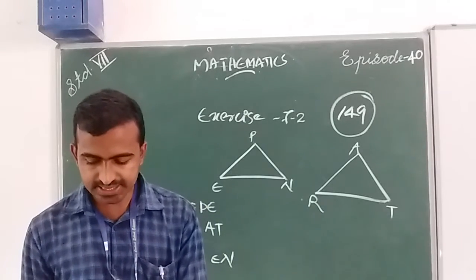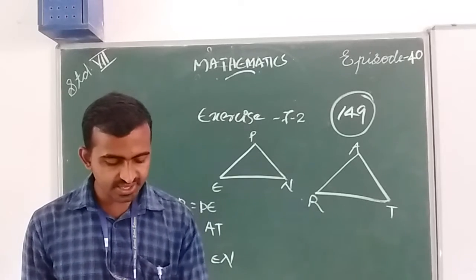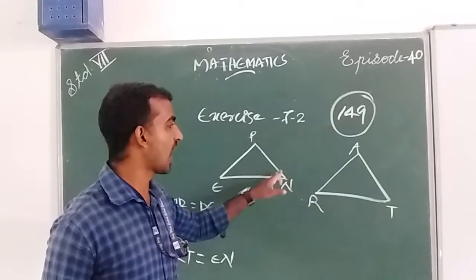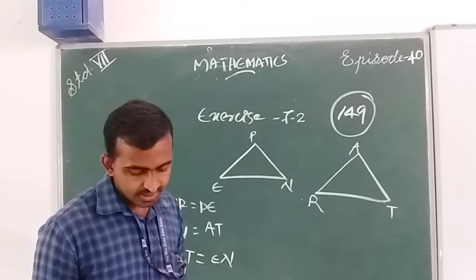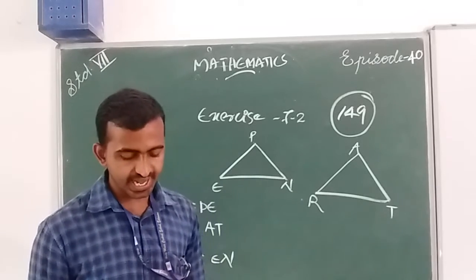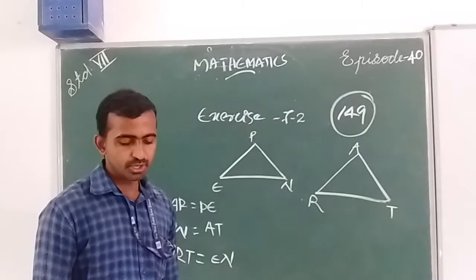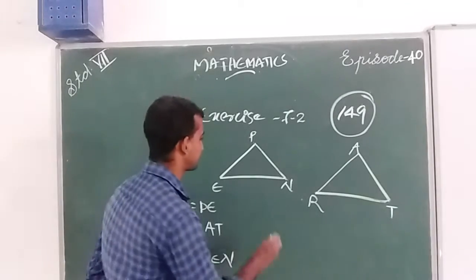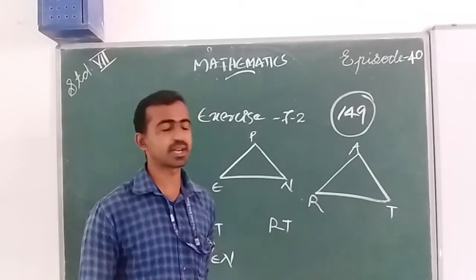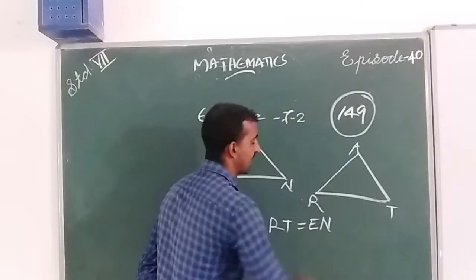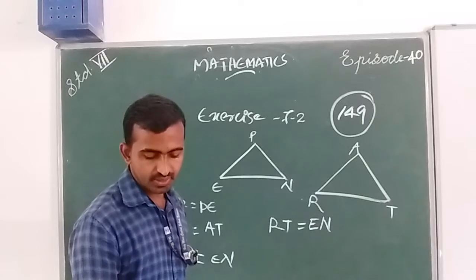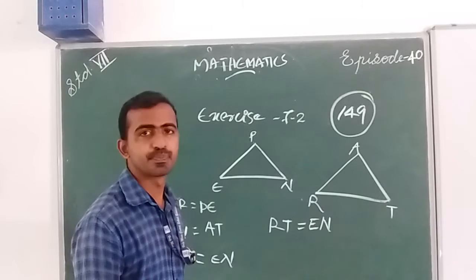And the second, B part, is: if it is given that angle T equal to angle N, and you are to use the SAS criterion, you need to have RT equal to EN, and PN equal to AT.